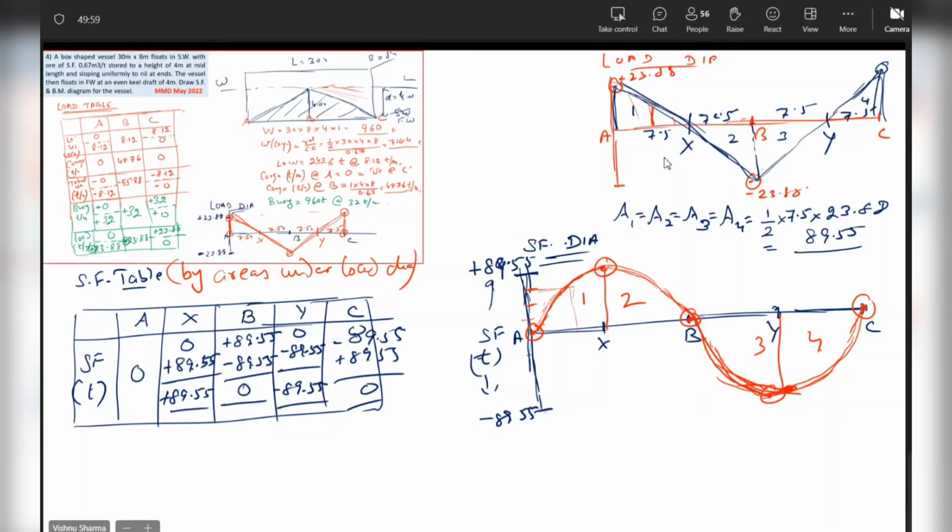Any aberration is a drawing error, beta. So basically all these 4 quadrants are identical. So your shearing force is a curve in this case. Understood, beta? Yes or no? Because the load diagram was slanting, shearing force is a curve. Anybody in the class has any questions on this, beta?